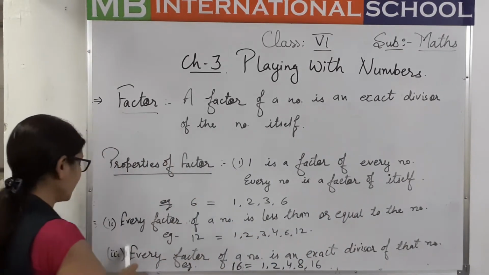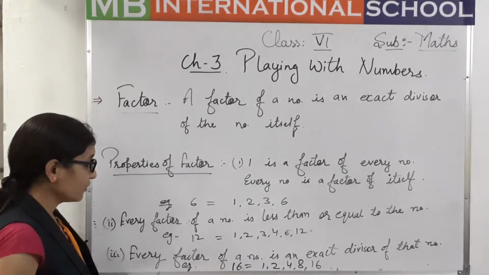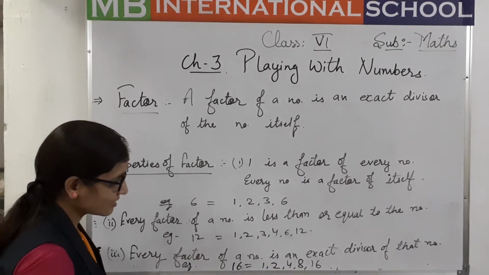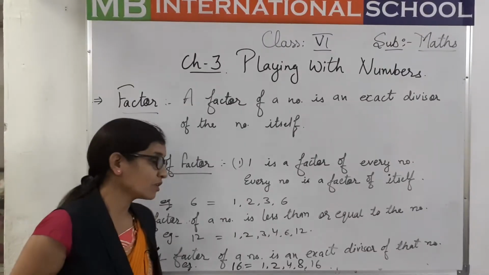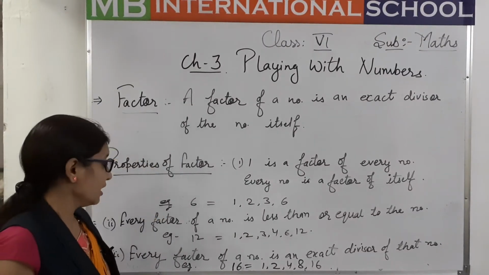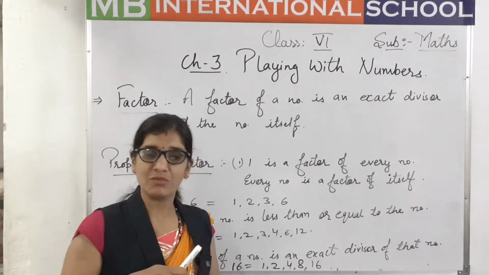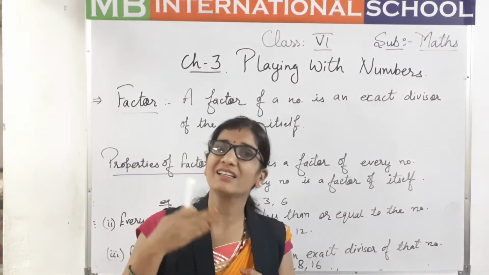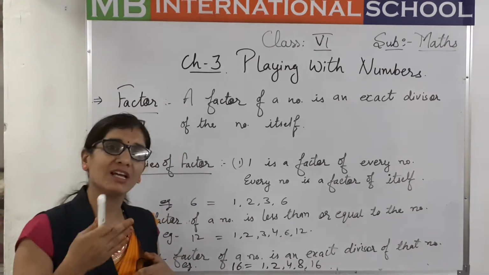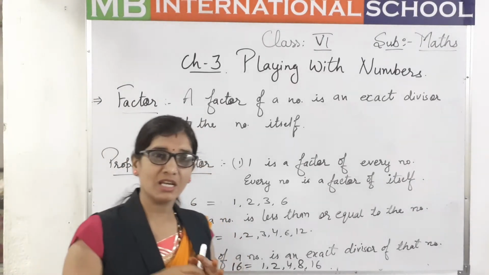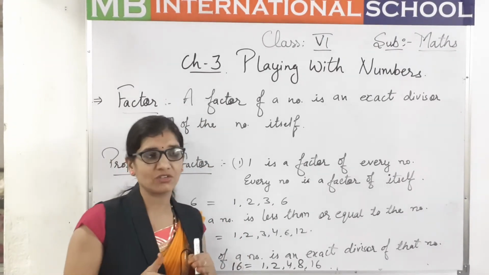So now the third property: every factor of a number is an exact divisor of that number. In this property we can understand that if we divide a number by the same number we get the answer 1. For example, if we divide 7 by 7 we get the answer 1. So the same number is also an exact factor of that number.